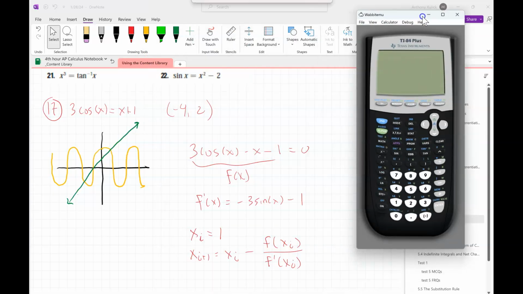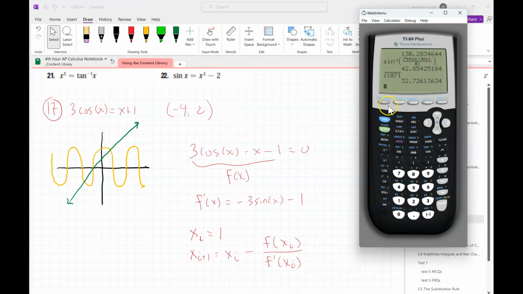So let's go ahead and set this up on our calculator. So we have positive 3 cosine x minus x minus 1, and then negative 3 sine x minus 1.